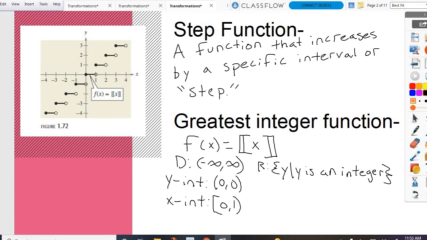Now, to evaluate this function, we need to write out what the definition is. This is what's on your little foldable. You can put this in your notes, or if you just want to remember it, that's fine.